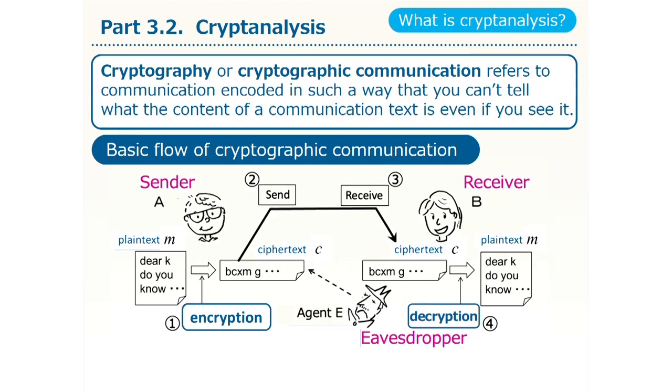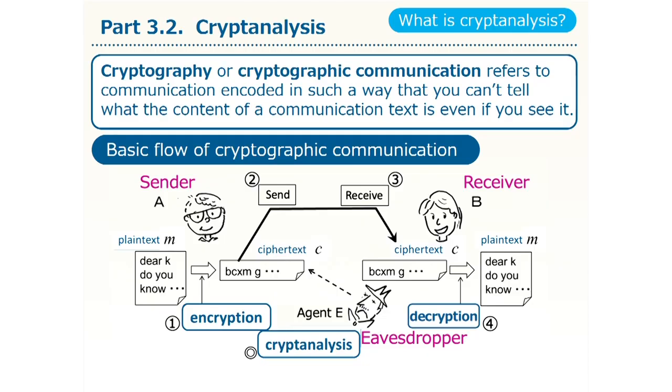Recall that our challenge is to make a cryptanalysis program. Let's clarify what it is. Here again, consider the basic flow of cryptography. Cryptanalysis is what agent E would do. Remember, we assumed that eavesdropper E was able to get the ciphertext completely by some method.